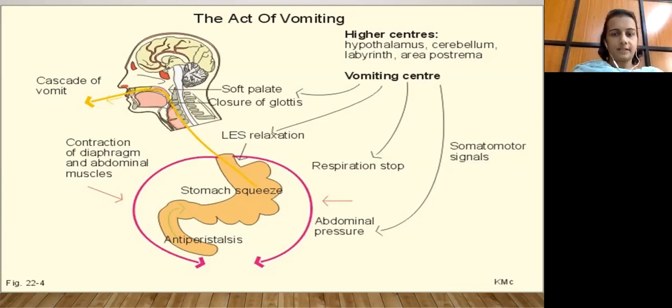It goes to the abdomen, increases the abdominal pressure, and squeezes the stomach, and then it relaxes the lower esophageal sphincter, whereby the contents from the stomach come into the esophagus, and then it causes closure of the glottis, and it ends up in the cascade of vomiting. It also involves the contraction of the diaphragm and the abdominal muscles.